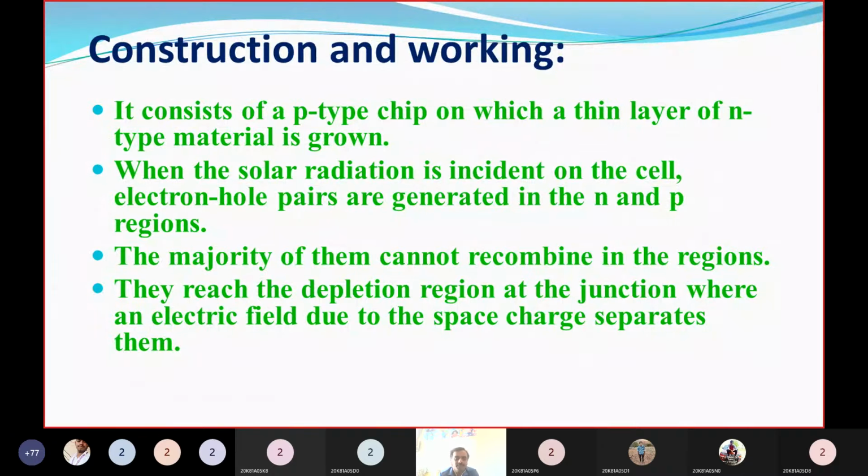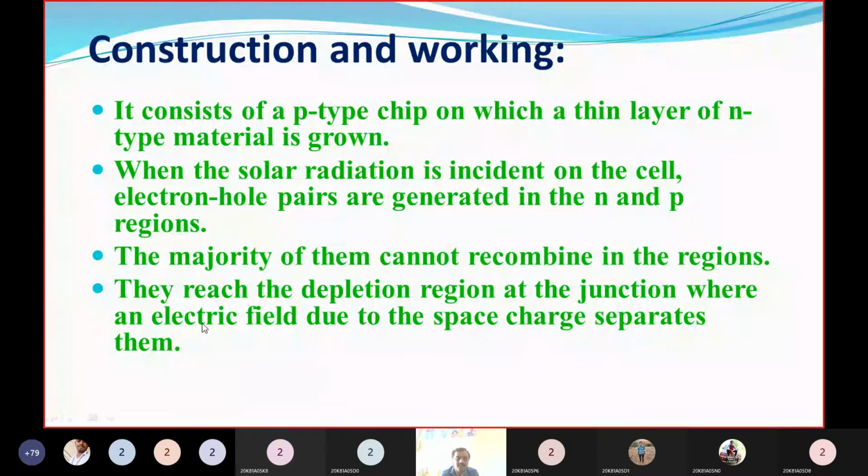The majority of them cannot be recombined in the regions. Some are recombined within the P region only, but the majority do not recombine and reach the depletion region. Next point we will discuss on that.